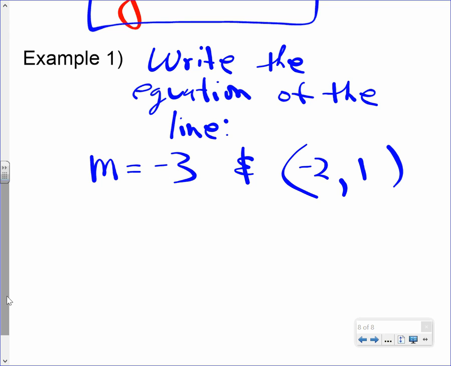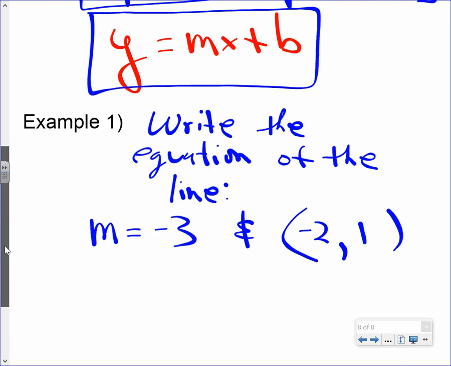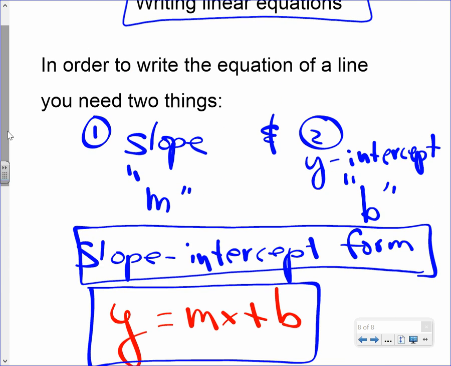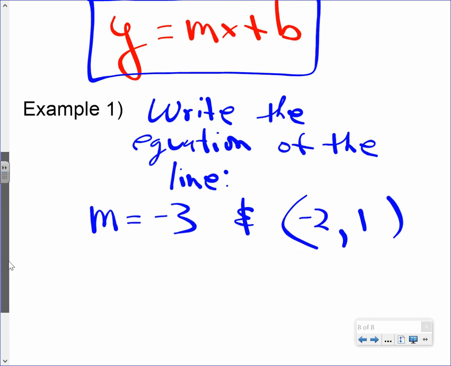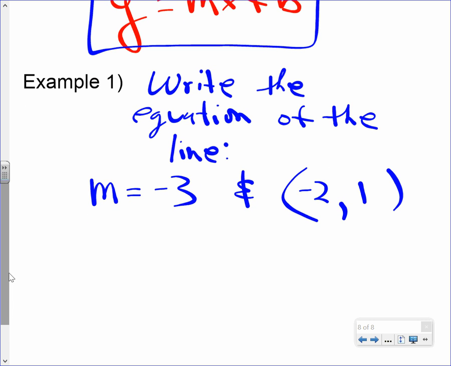Now, here's how we do this. What are the two things we need to write the equation of a line? Beautiful. We just wrote that down 5 minutes ago. Between these two things, what have I given you? Right. Out of the two items that are necessary, I've given you the slope, but I haven't given you the y-intercept.